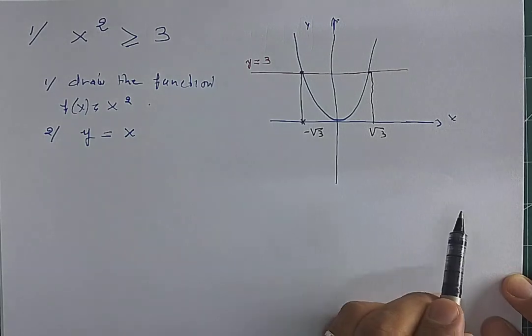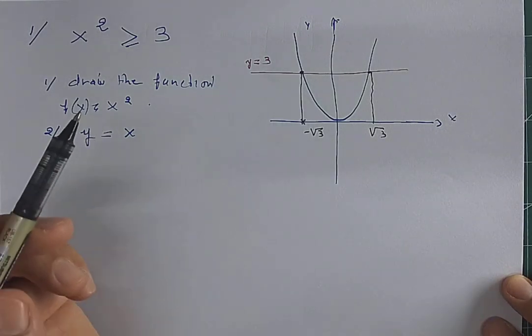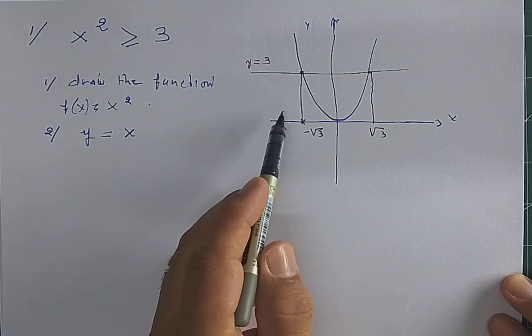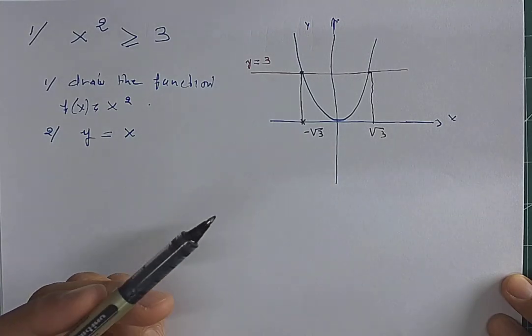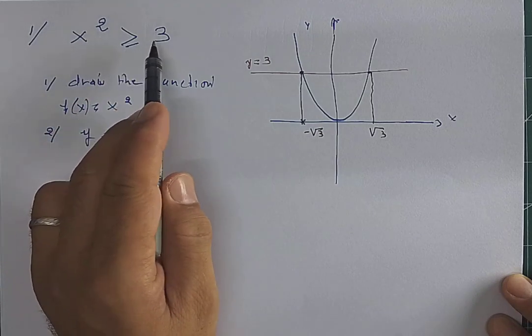So these are the 2 points. Our job is to find the solution, where x, whether here or here or here, is exactly the region or the interval where x squared is more than 3.